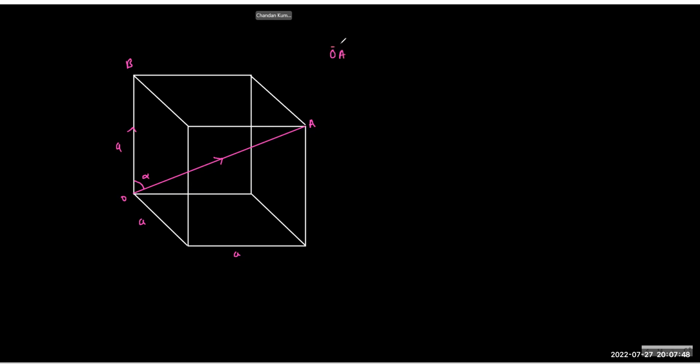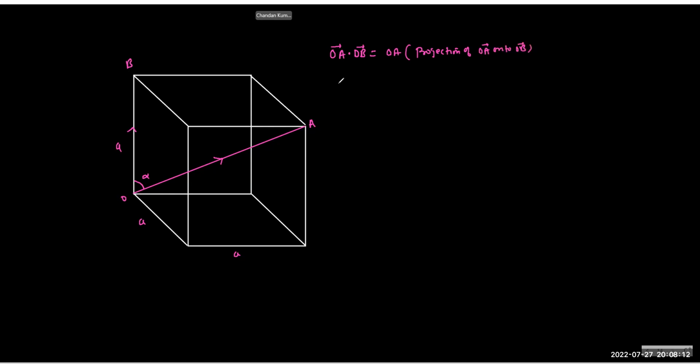So OA dot OB is like OA multiplied by the projection of OA onto OB.